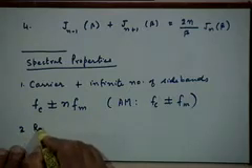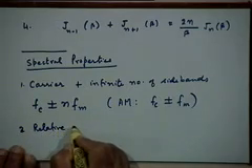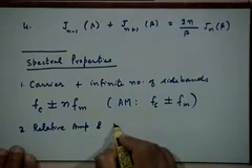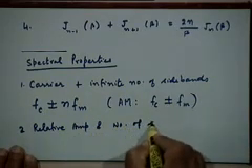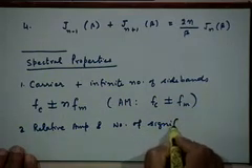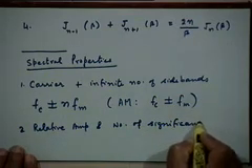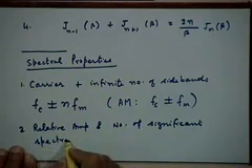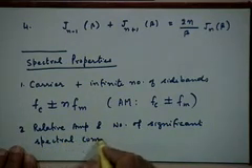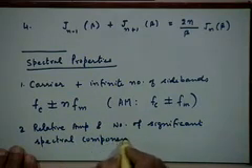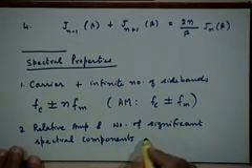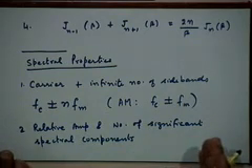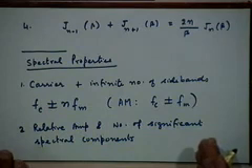Second, relative amplitudes and number of significant sidebands, number of significant spectral components. What will they depend on? They would depend on the value of beta, the modulation index.